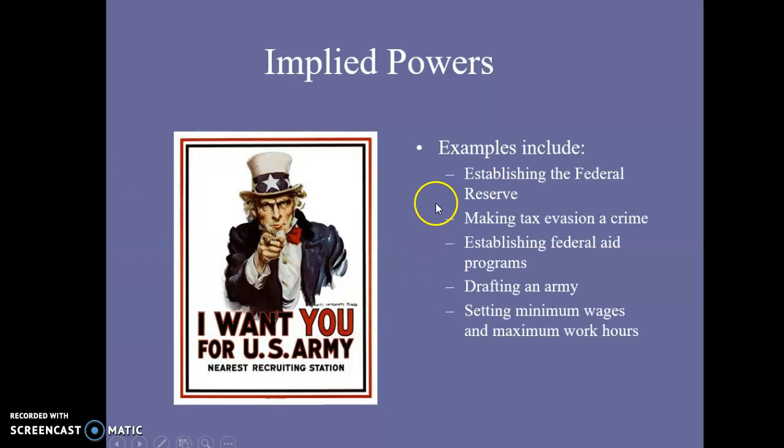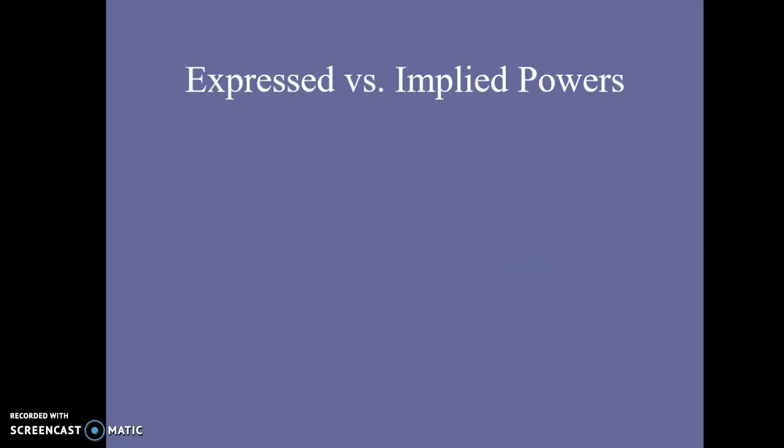Examples of implied powers: establishing the Federal Reserve. And if you read within your notes, this was established through the court precedent of McCulloch v. Maryland, in that process of having the federal government establish banks within the states to generate and raise revenue.